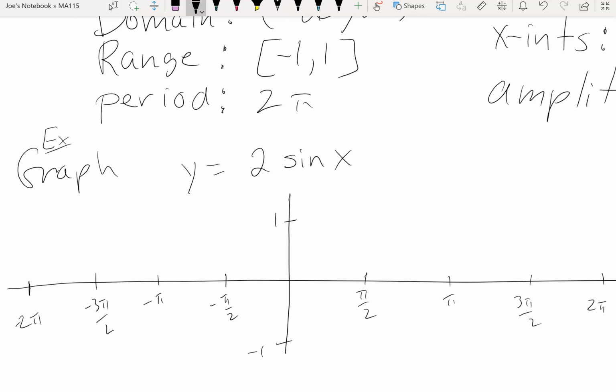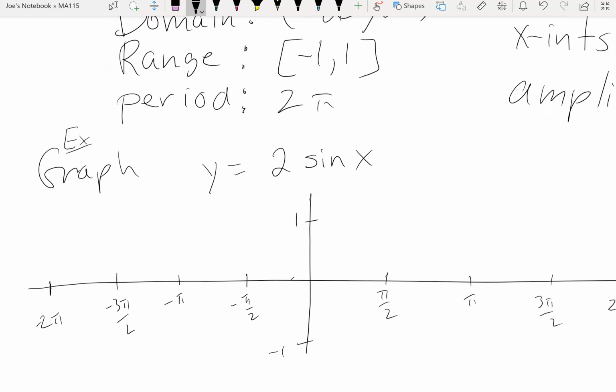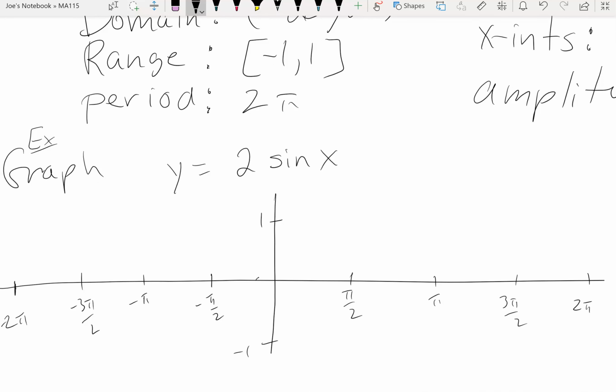You're going to start with your y equals sine of x graph. I like to think of it as a starting point. The y equals sine of x starts at (0, 0), right? And then goes up, comes back down, goes back up, right? And then it does the same thing on this side.